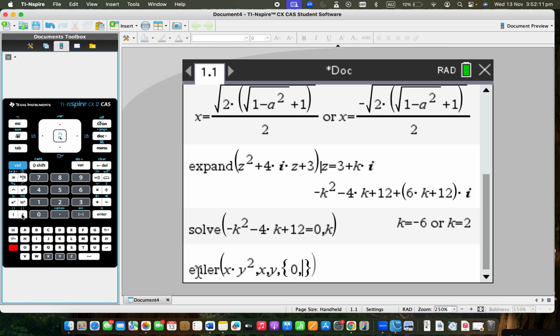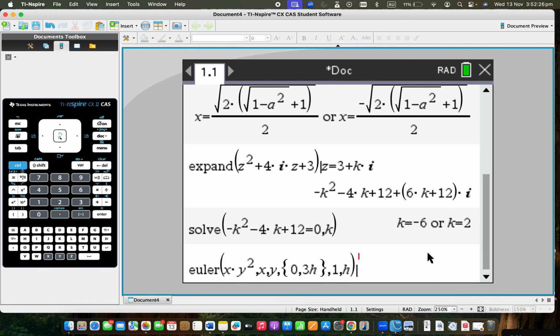The final x is x3, and that's going to be 0 plus h plus h plus h, so 3h. And then comma the initial y, which is 1, and then comma the step size, which is h. But at the end, we can say that h is equal to option A, which is 0.01.